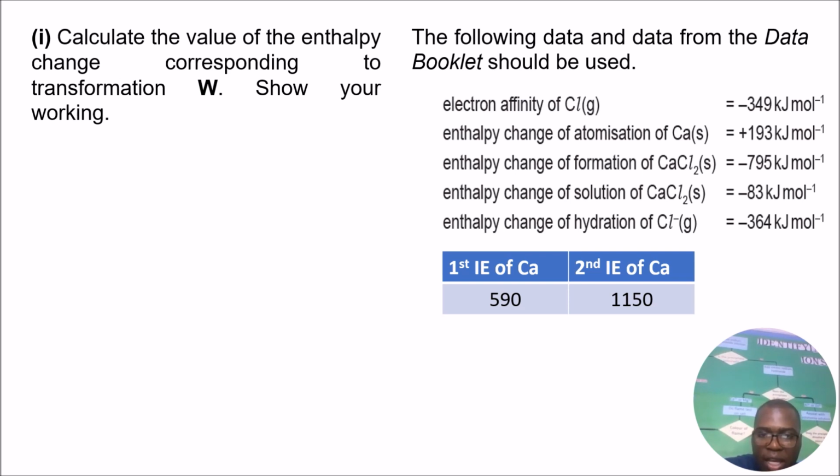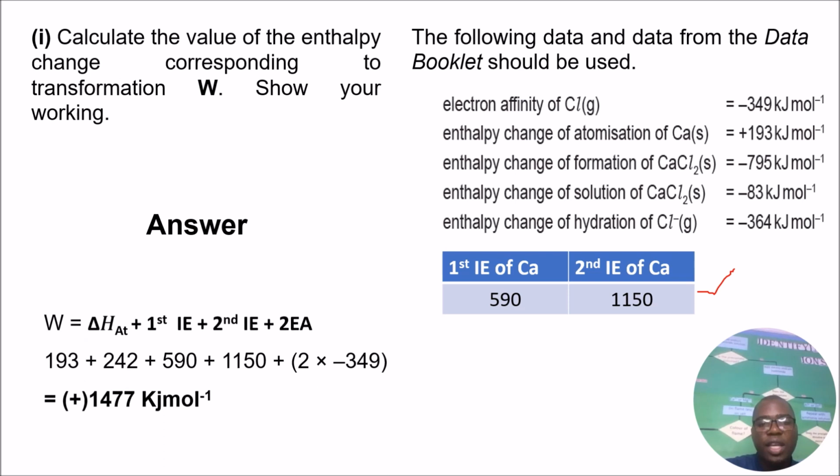It's not there. If you check, we have atomization, okay? We have all these other ones. We have electron affinity, but we don't have first and second ionization. So this can be gotten from the data booklet. So the equation that we made from the previous slide, let's look at how we can now substitute.